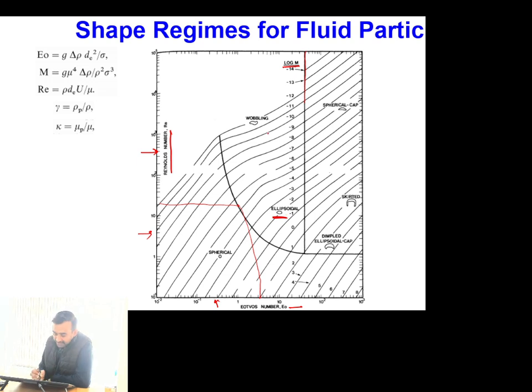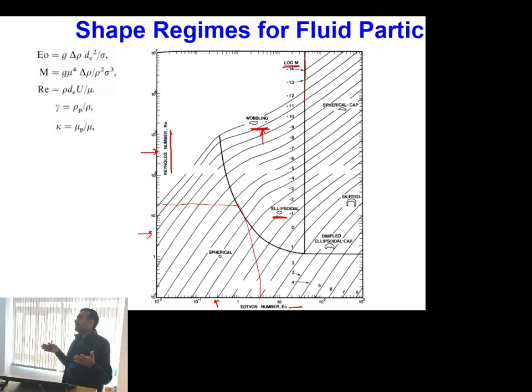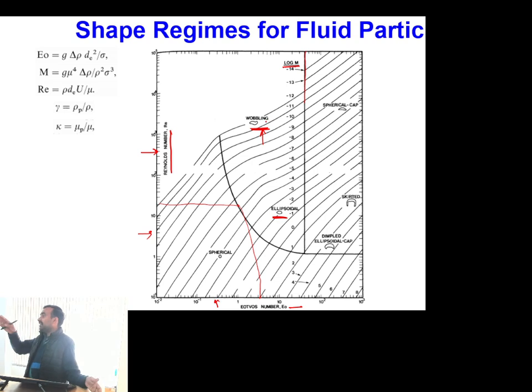If you further increase the liquid inertia, at almost the same Bond number, it means you are not changing the size much but you are changing the Reynolds number. At very high Reynolds number, the inertia forces will dominate and will try to introduce some oscillations at the periphery of the bubble.